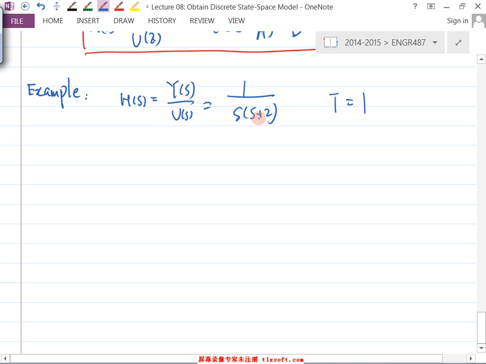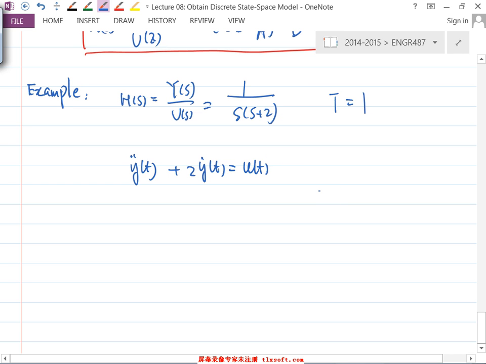S, just s itself, always represents a derivative, not an integrator, right? So s squared must be a double derivative. So s squared times y of s, when you convert it back into the time domain, you actually get y double dot, right? And then the 2s times this, you get y dot, equal to u of t.